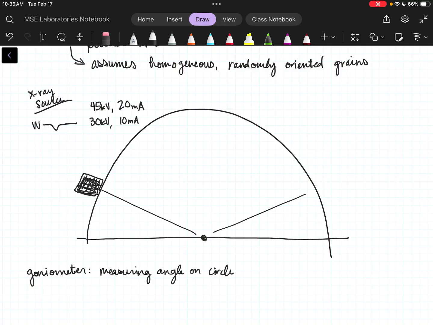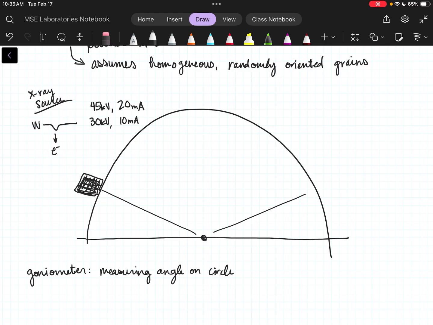For our smallest, we do 30 kV and 10 milliamps. So it totally just depends on the instrument you're using, what strength you're using. And that does have an effect on the final power of the X-rays, but I'm not going to talk about it. So your instrument is going to have recommended parameters is basically what I'm saying.